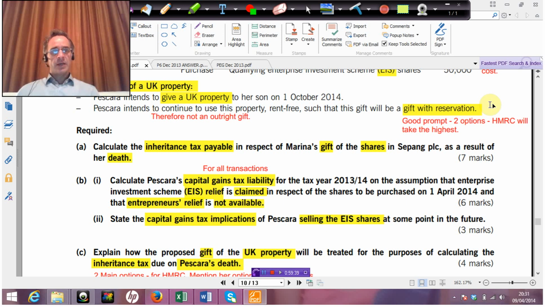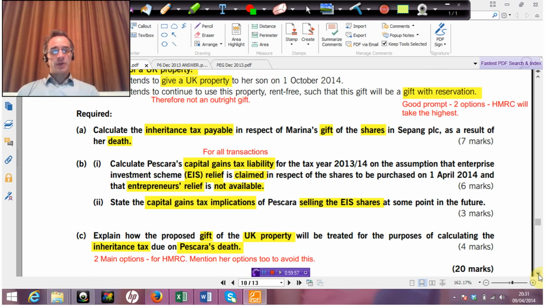Now, we know that, broadly speaking, with a gift with reservation, there are several options, and they're all up to HMRC. Essentially, they will choose the option that gives them the highest amount of tax. In terms of laying out an answer, it was going to be a written answer, and no calculations are required.